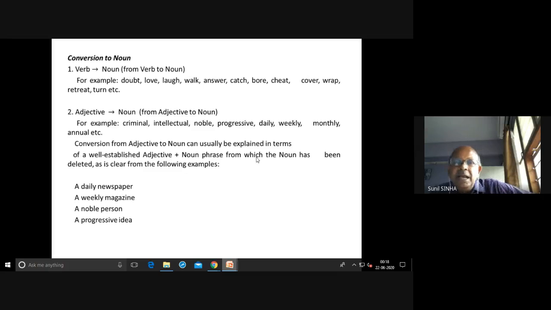That is, we can say Prabhat Khabar is a daily. What are we doing? We are deriving a noun from an adjective. For a magazine also we can say it is a weekly. That is, weekly as an adjective and weekly as a noun. When we say this magazine is a weekly, we are deriving a noun from an adjective.